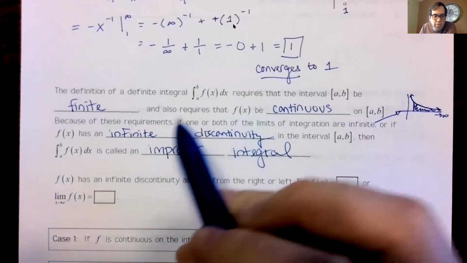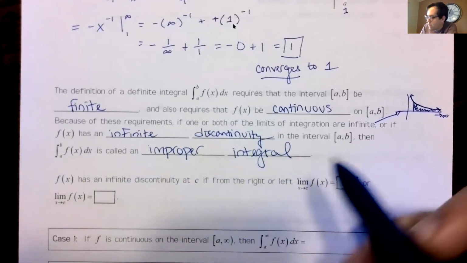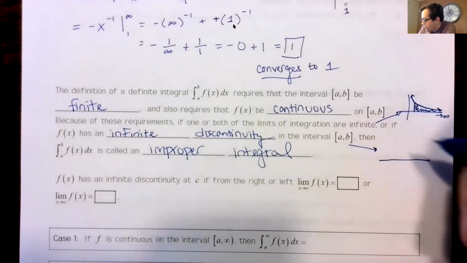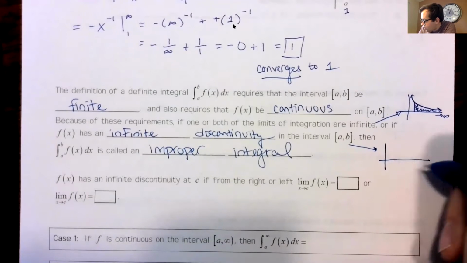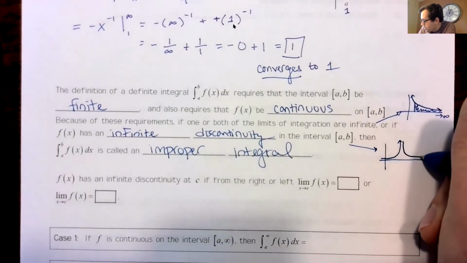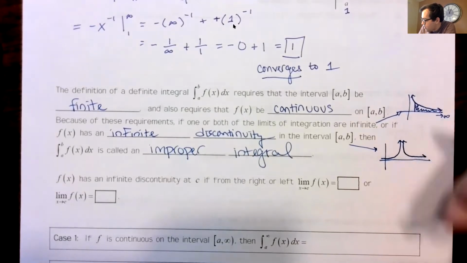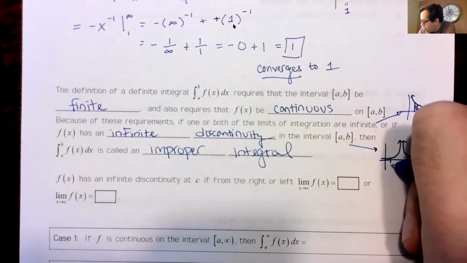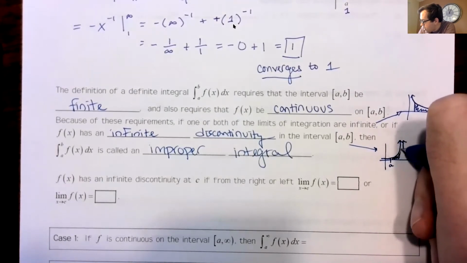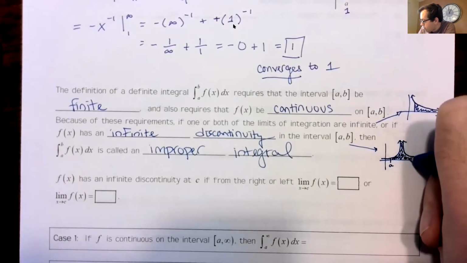The other option, if we have an infinite discontinuity in the interval, what is that talking about? That's saying, let's say we're looking at a curve that goes like this. And we're only evaluating from a to b, but somewhere in there, we've got something like a vertical asymptote.